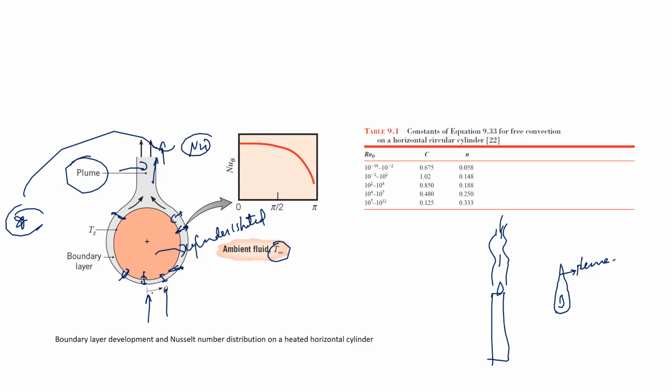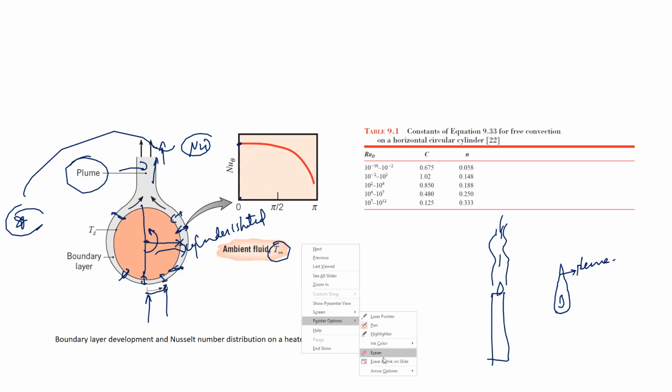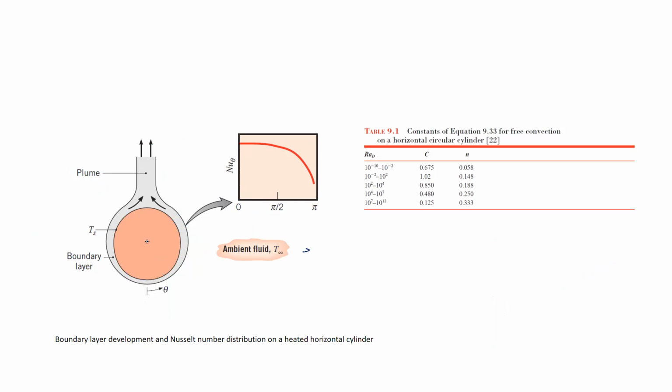So if theta is actually measured in this direction, the anti-clockwise. So at theta equal to 0, the Nusselt number is this. At theta equal to pi by 2, which is at this point. So theta, this is theta equal to 0. This is theta equal to pi by 2.